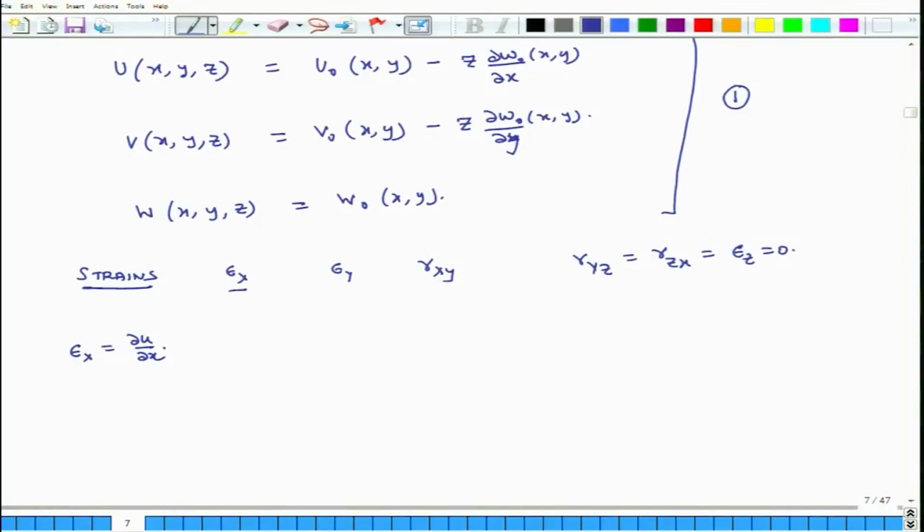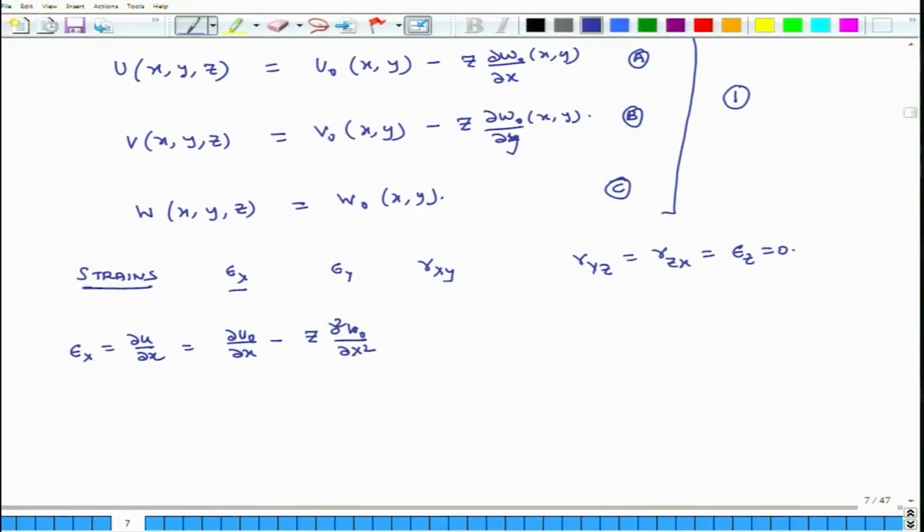So, if I use this relation in equation 1a, so this is a, this is b, this is c, I get del u naught over del x minus z times del 2 w naught over del x square.